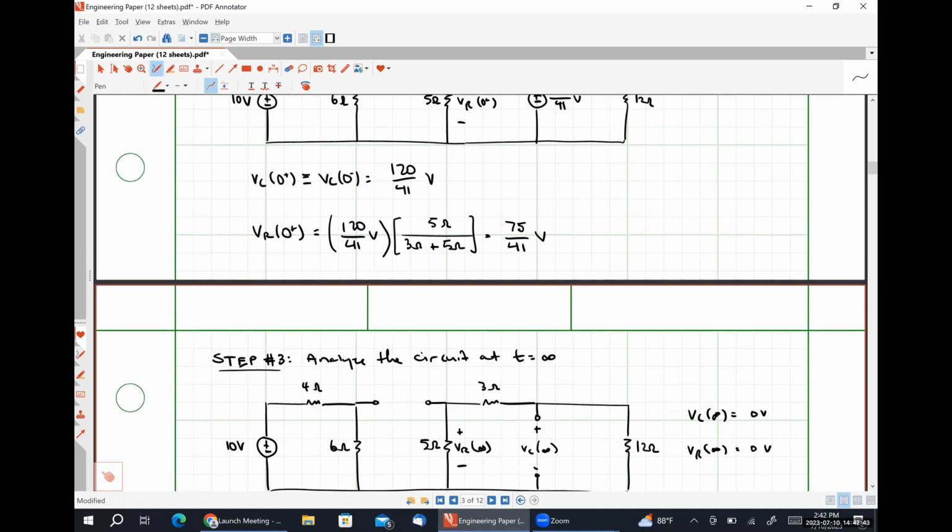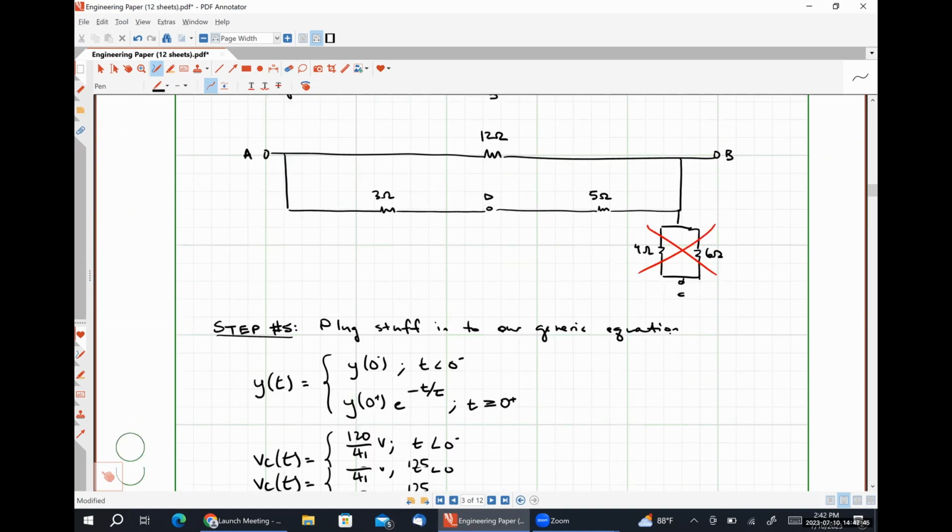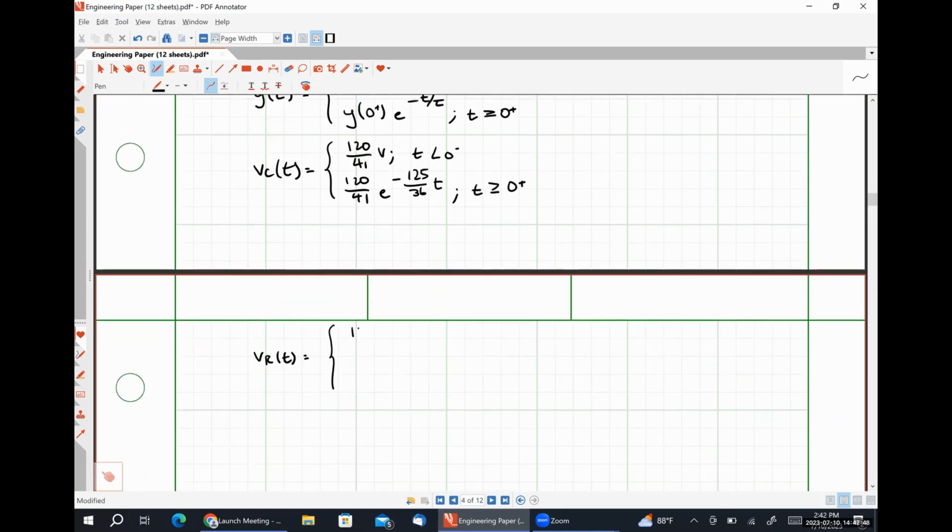And then 75. 150 over 41 volts for t less than 0 minus, and 75 over 41 e to the negative 125 over 36 t volts for t greater than or equal to 0 plus.